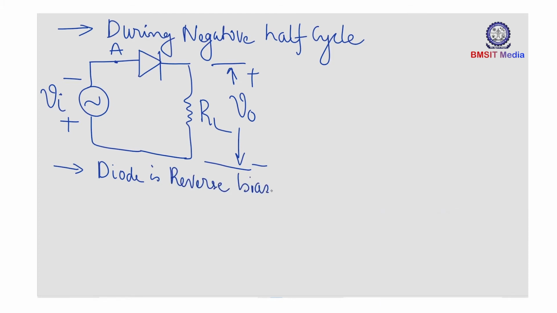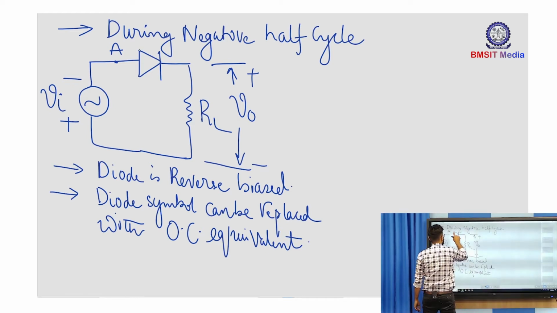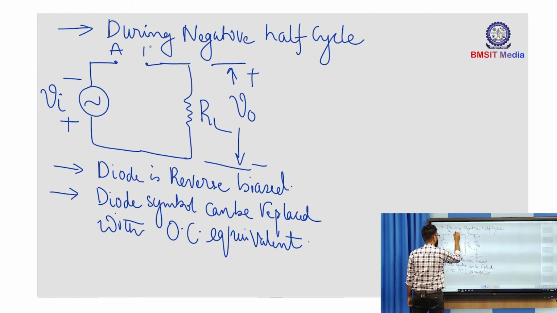When the diode is reverse biased, the diode symbol can be replaced with an open circuit equivalent. Open circuit equivalent as in, we will open the terminals of the diode.